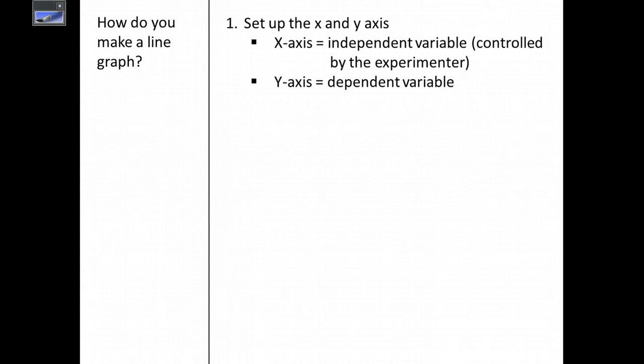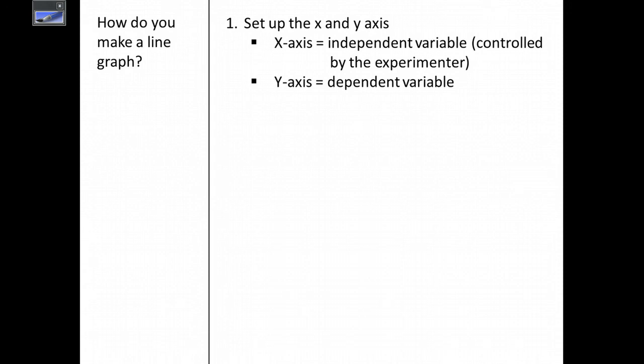So you can't stop time, but you can decide to write down an answer or a number every 5 seconds, every 30 seconds, every minute, every 2 minutes, every half hour, every hour. That time is most frequently the independent variable. And since we're making a line graph, that's the one that will be on the x-axis.